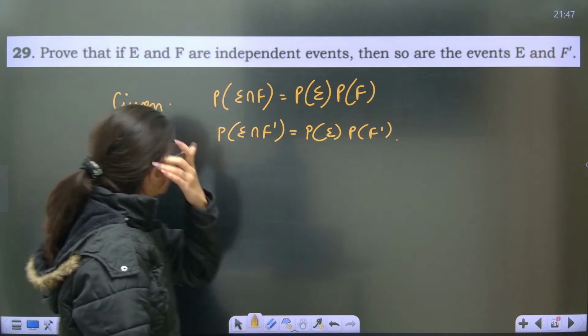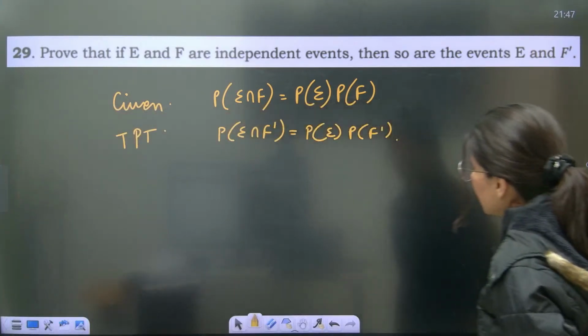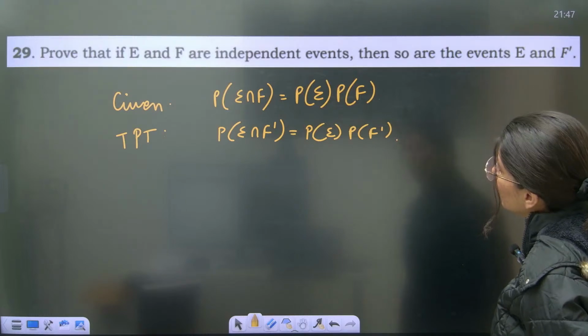Probability of E intersection F is probability of E union F dash.